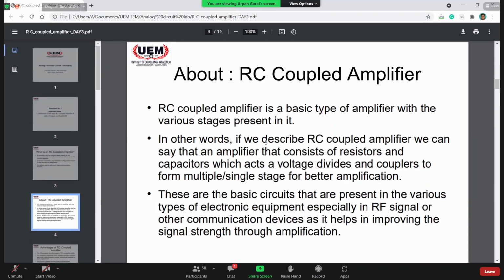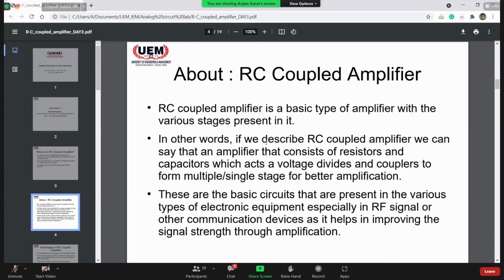These are the basic circuits present in various types of electronic equipment, especially in RF signals or any other communication device. It helps improve the signal strength through amplification.